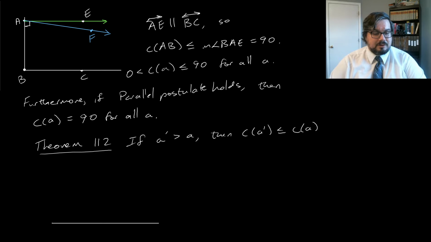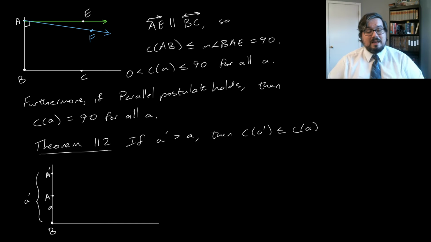So the picture looks like this. Let's say we have B, we had A, and then we have A prime somewhere up here, where the distance from B to A prime is little a prime, and the distance from B to A is little a.